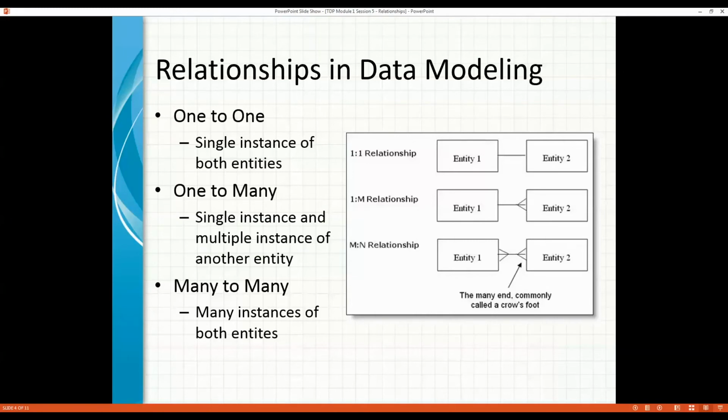As you notice, for a one-to-one relationship, there is just a solid line for both sides, showing 1 and 1. For the one-to-many relationship, we see a solid line from the entity with 1, and then a split at the end for entity 2. This shows many. And then the bottom one, we have the many-to-many relationship, where we have the crow's feet or split on both sides.